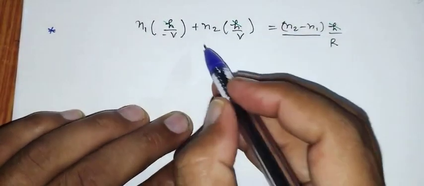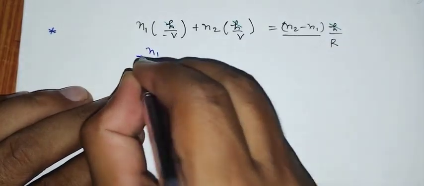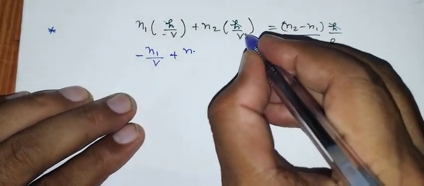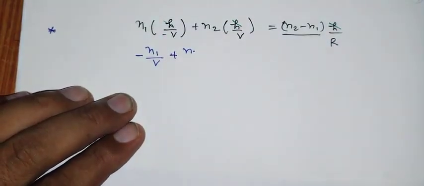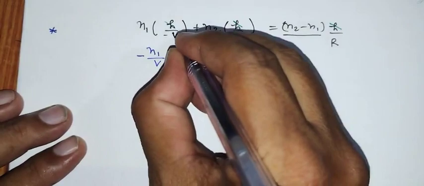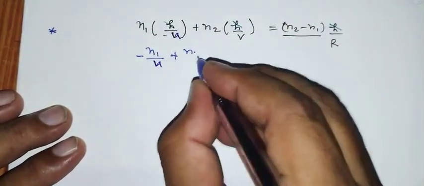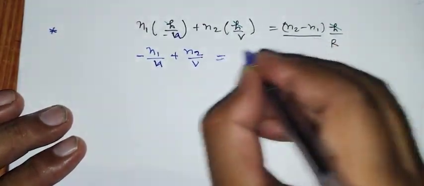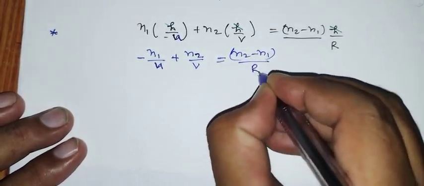So one may write minus n1 by u plus n2 by v is equal to n2 minus n1 by R.